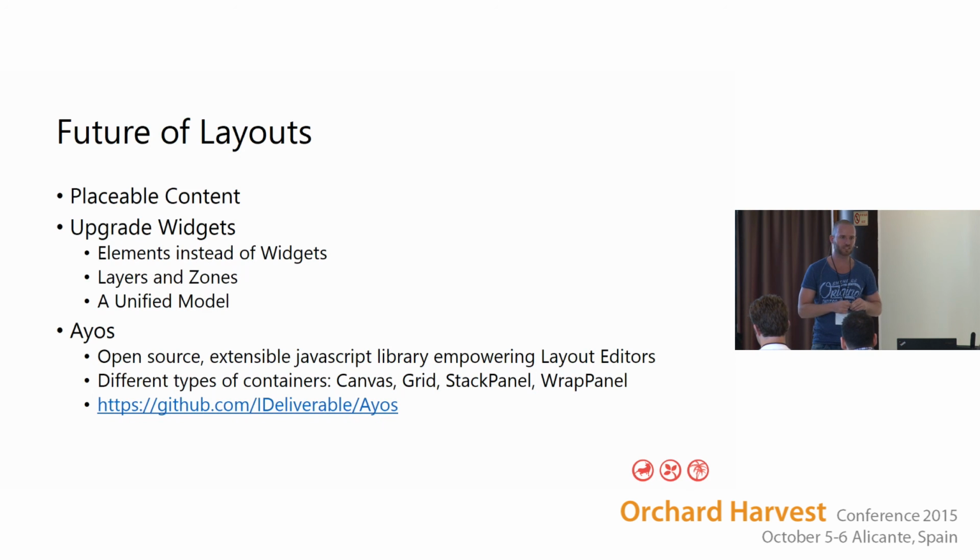Another improvement would be the layout editor itself. Currently we have elements called grid, row, column. But if you look at WPF, if you're familiar with that, they have different types of containers. They have grid, but they also have stack panel and flow panel.